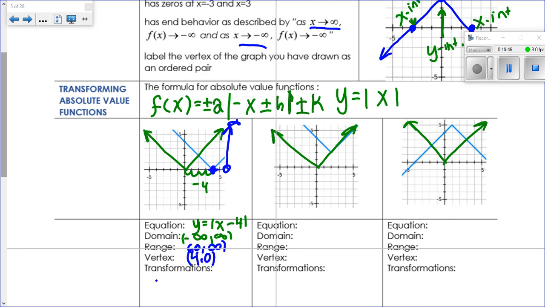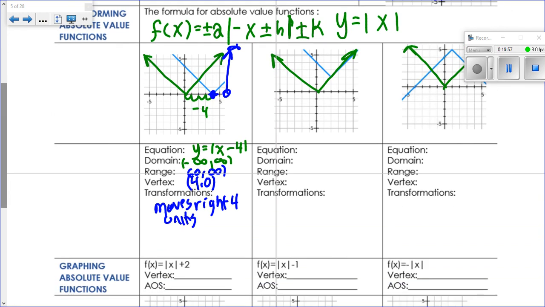The transformation moves right 4 units. The next one, it looks like it moves right 2, so we're going to subtract 2 inside.